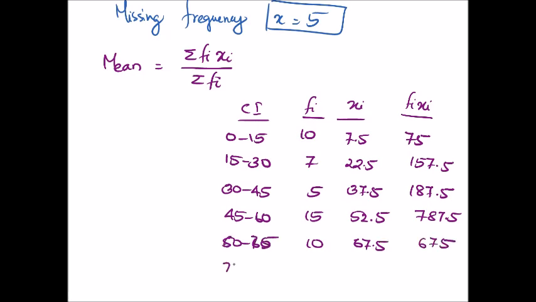Now 75 to 90, that is 12 and 82.5, we get 990.